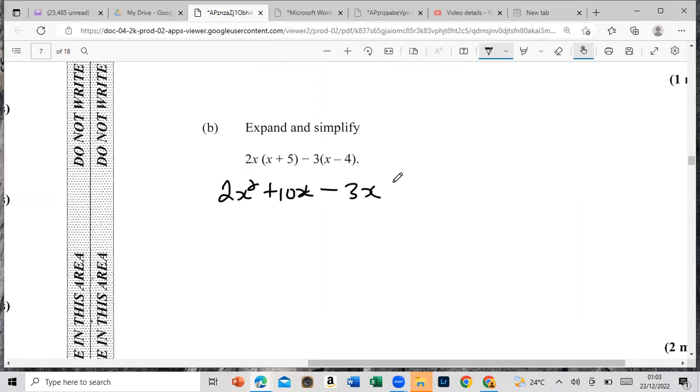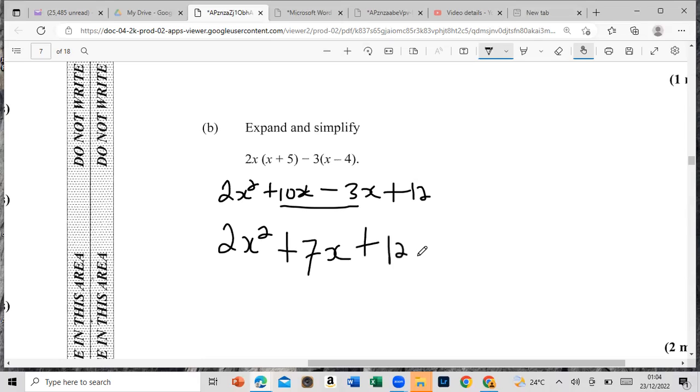Minus 3 times 4 gives us positive 12. These are the only like terms, so it will be 2x squared, 10x minus 3x gives us 7x, so we're simplifying now, and then positive 12. And that would be our answer.